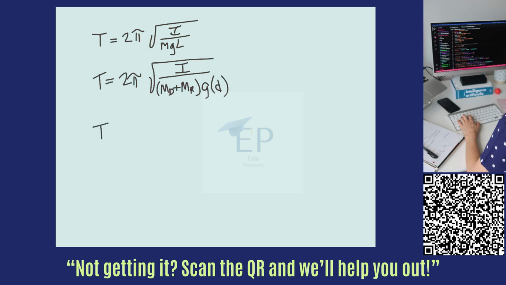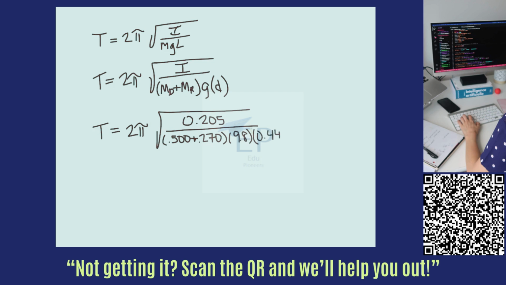So substituting in our values, we have our period equals 2 pi times the square root of the inertia, which we found to be 0.205 kilograms meter squared, divided by the mass of the disk, which is 0.500 kilograms, plus the mass of the arm, which is 0.270 kilograms, times gravity, which is 9.8, times the distance, which we just calculated, which was 0.447 meters.